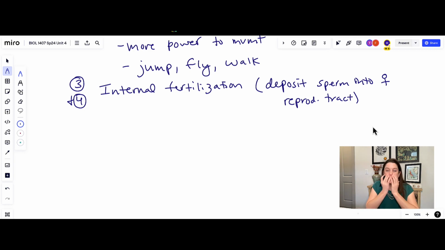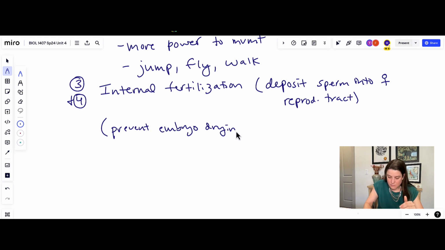And they also have shells on their eggs. Not that other groups don't, but they don't have jelly eggs a lot of times, at least maybe if they lay them. So that also kind of goes along with this, but how do you keep the embryo from drying out? The fertilization would happen inside.